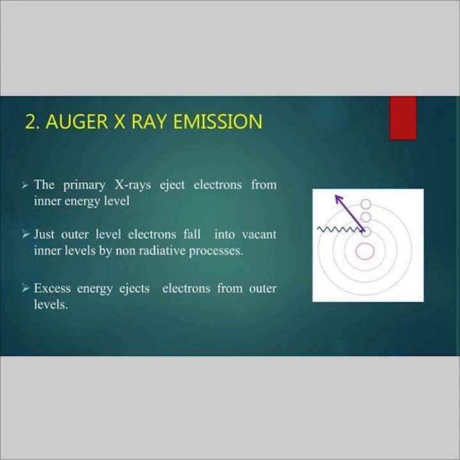Now, the second one is Auger X-ray emission. In Auger X-ray emission, the primary X-ray ejects electrons from the inner energy shell, or we can say level. Then an outer level electron falls into the vacant energy level by a non-radiative process. The excess energy ejects electrons from the outer level.